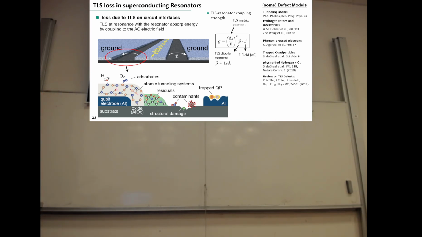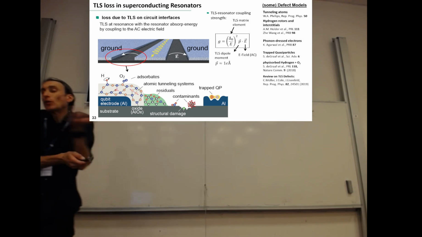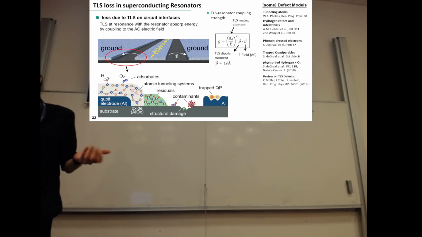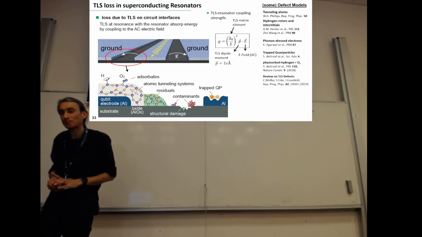Also, this is an interface which is exposed to atmosphere, right? So you can expect some adsorbates coming from your environment. For example, hydrogen or oxygen can separate some binding bonds here. And you always can have these molecules because typically they appear from the dissociation of water, the moisture in the atmosphere.